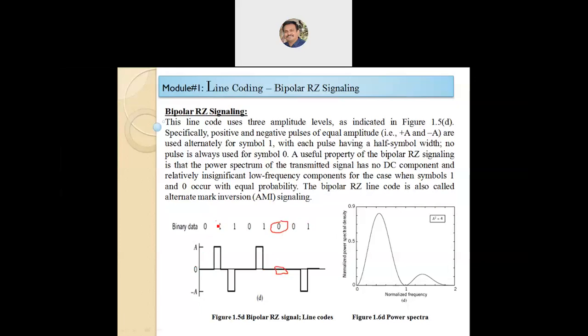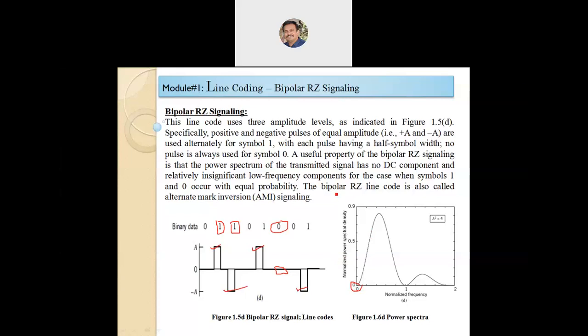Now for bit 1, the first case is represented by plus A, but the next one is represented by minus A instead of plus A. Similarly, the next appearing one violates the previous one, going from minus A to plus A. Similarly, the last one, since the previous one is plus A, is represented by minus A. The advantage of this one is that the power density is 0 at 0 frequency.